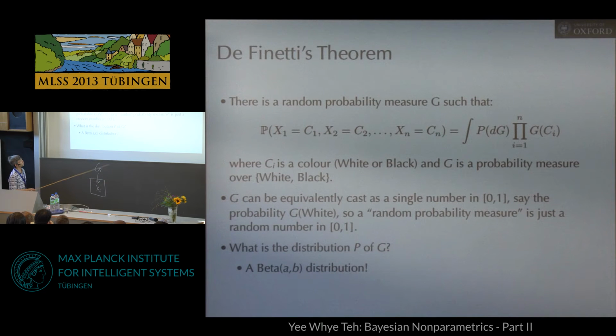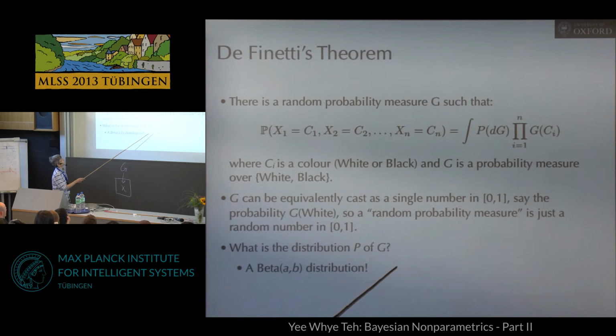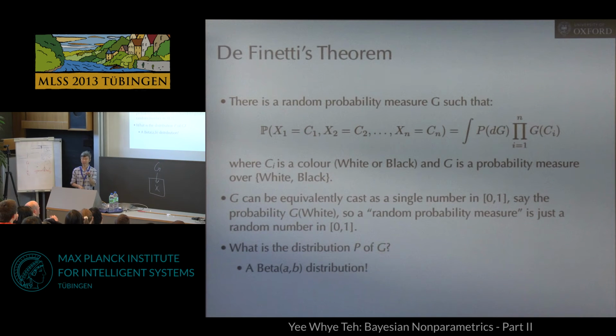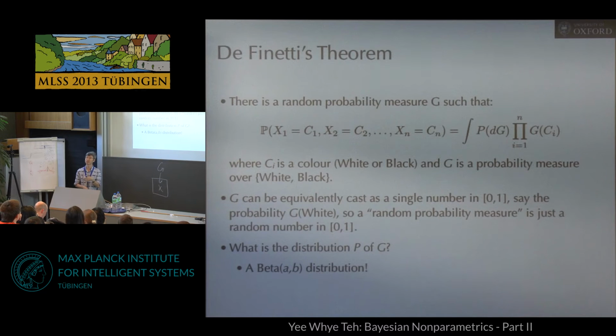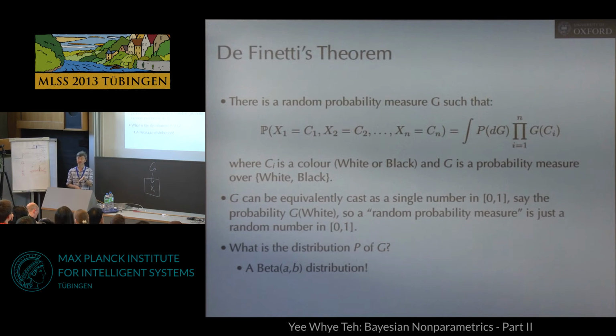In this case, we only have two colors, white and black. So a probability measure over this space of white and black can be equivalently cast as a single number between 0 and 1. This number could just tell you the probability of white, and then 1 minus that number is the probability of black. So a random probability measure is just a random number between 0 and 1.